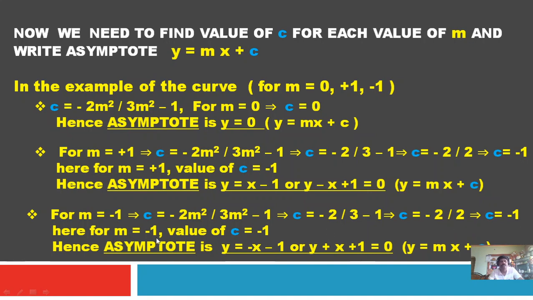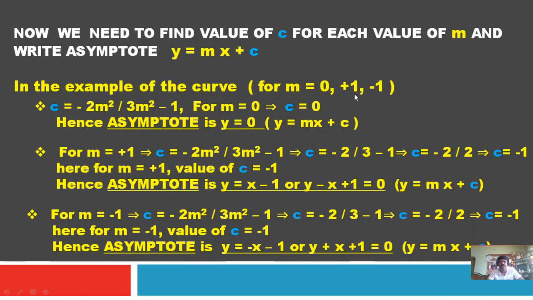Here, for m equals minus 1 and c equals minus 1, substitute in y equals mx plus c. We get the equation y equals minus x minus 1. Or bring the RHS term to the LHS, making RHS equal to 0, y plus x plus 1 equals 0. So for 3 values of m, we got 3 values of c.